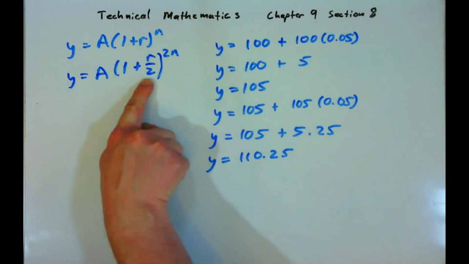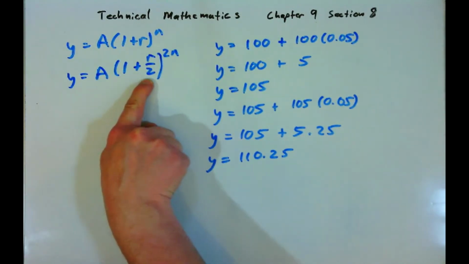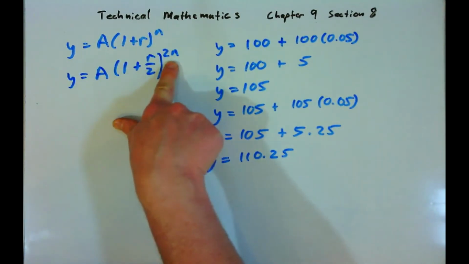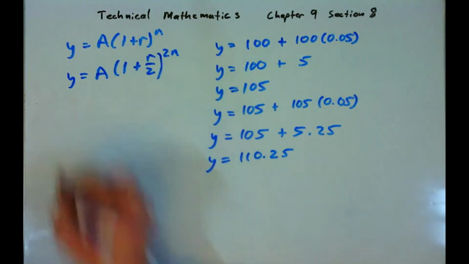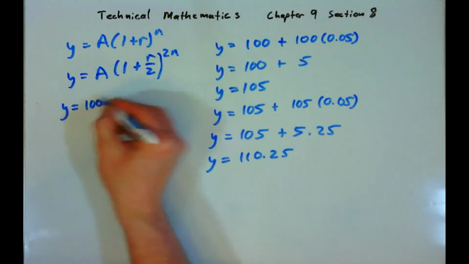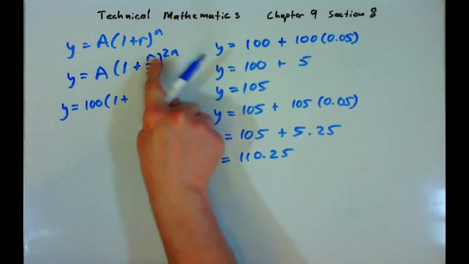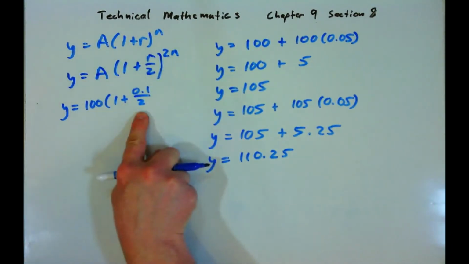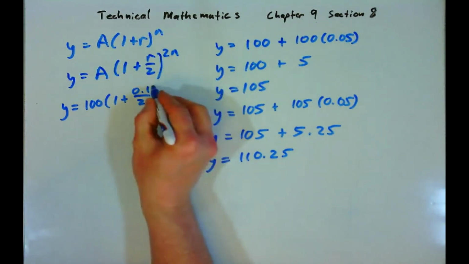And so the rate that we are being paid out is half of the actual rate for the whole year, right, 5%, and we give you your interest money twice a year. And so if I plug my values into this formula, we started off with $100 originally. Our rate was 10%, but they give us half of that rate every 6 months.